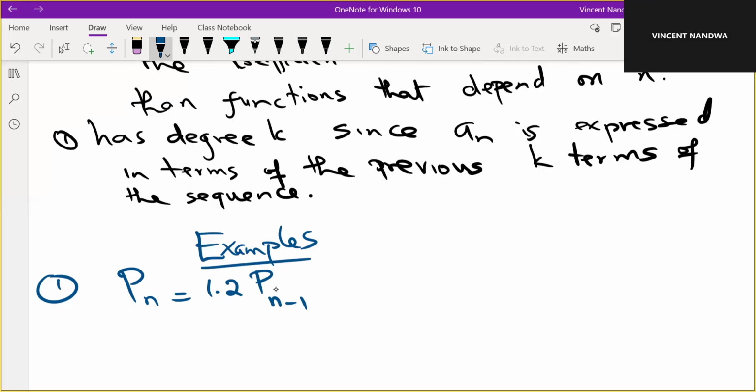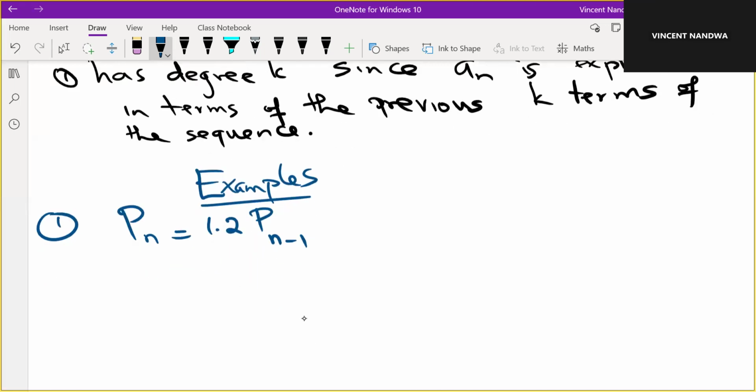Okay, what is the degree of this recurrence relation? Maybe you are still confused with that. So let me give you other examples.